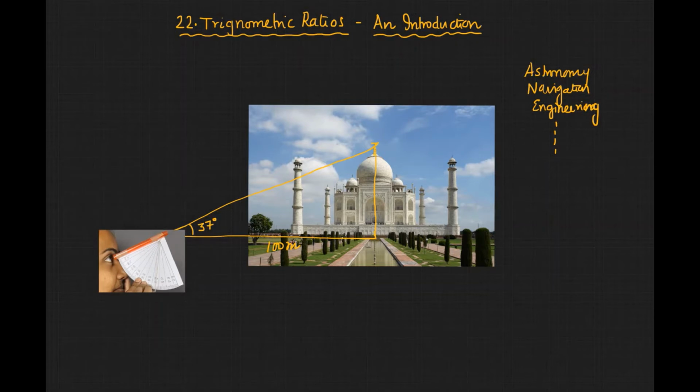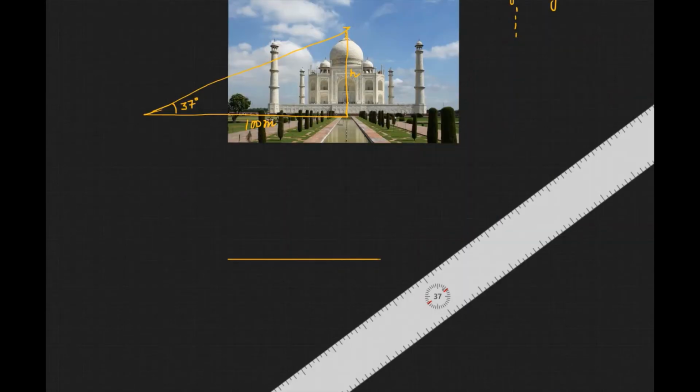There would be a link in this video where you can make your own sextant and measure the angle of elevation of a tree and so on. So let's say the elevation of the Taj Mahal is 37 degrees.